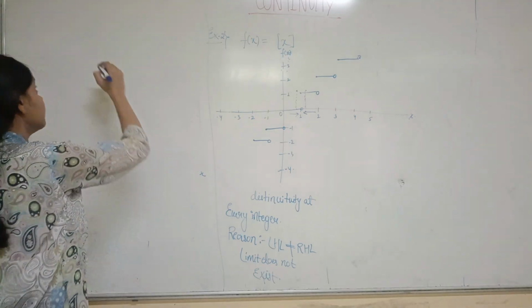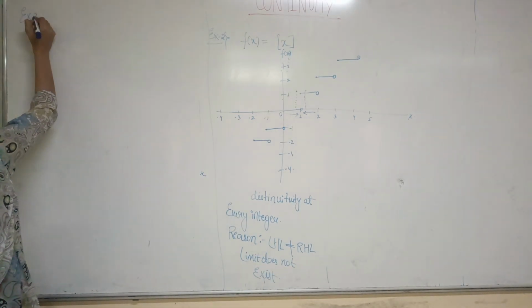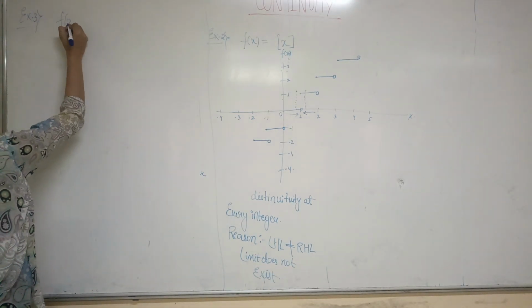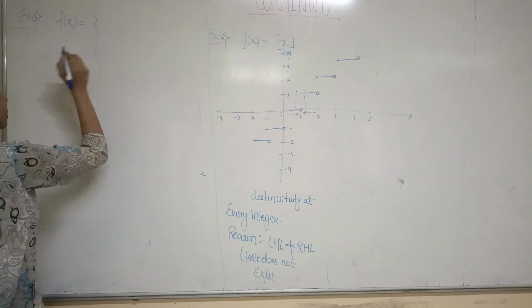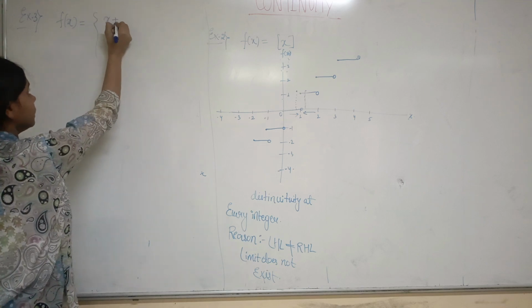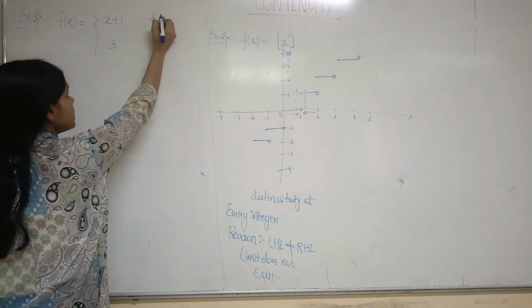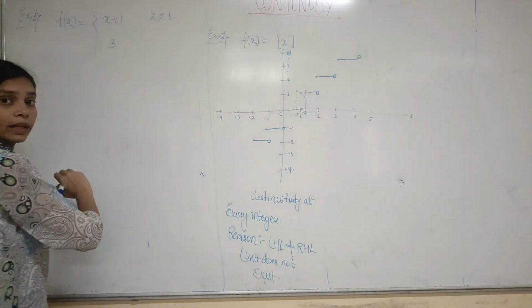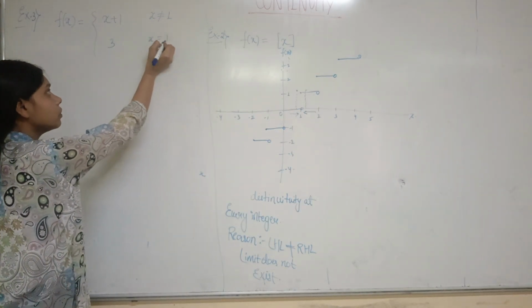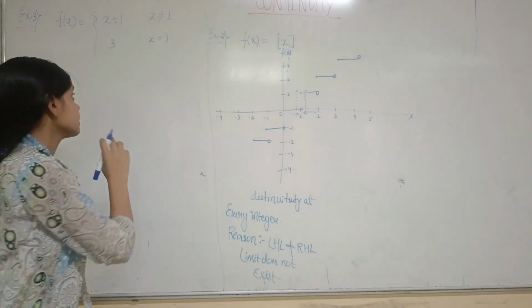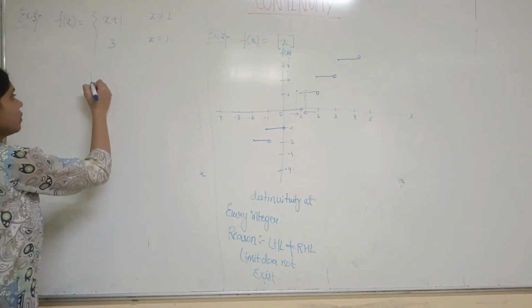Suppose I am taking example 3. f(x) is equal to x plus 1 if x is not equal to 1, and 3 if x is equal to 1. Right? This is the function. Now I am going to draw the graph of the given function.